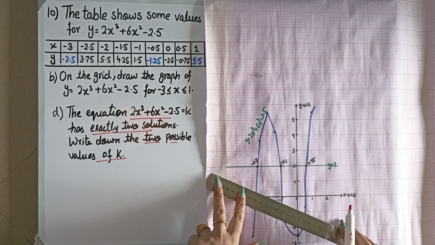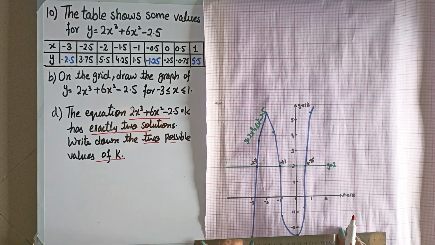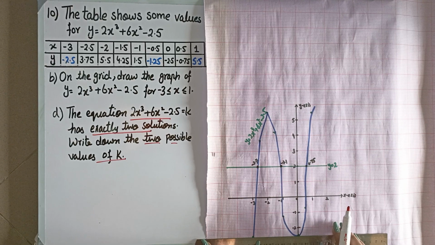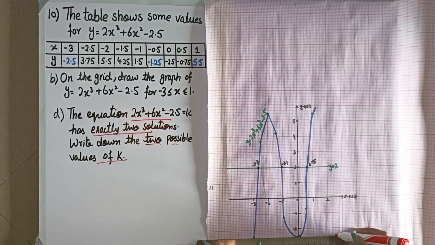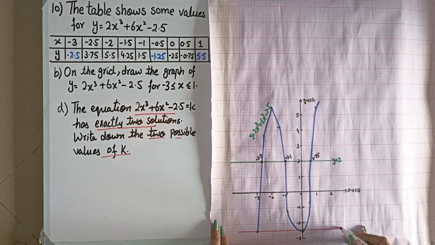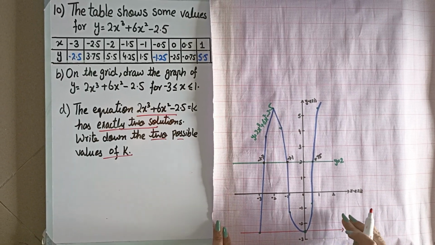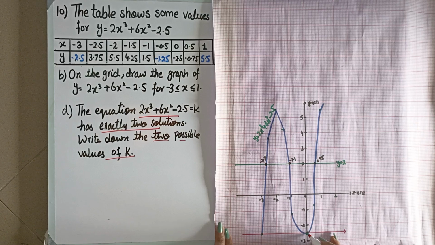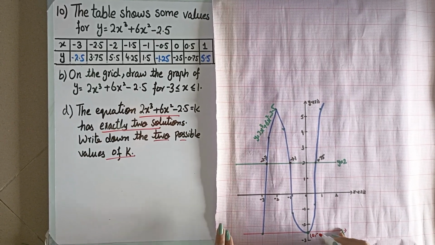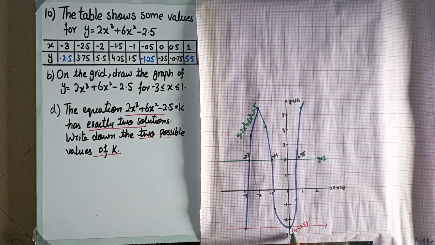If you draw a random line over here and move this line, this is the minimum point of the graph, that is 0. This is the minimum value.